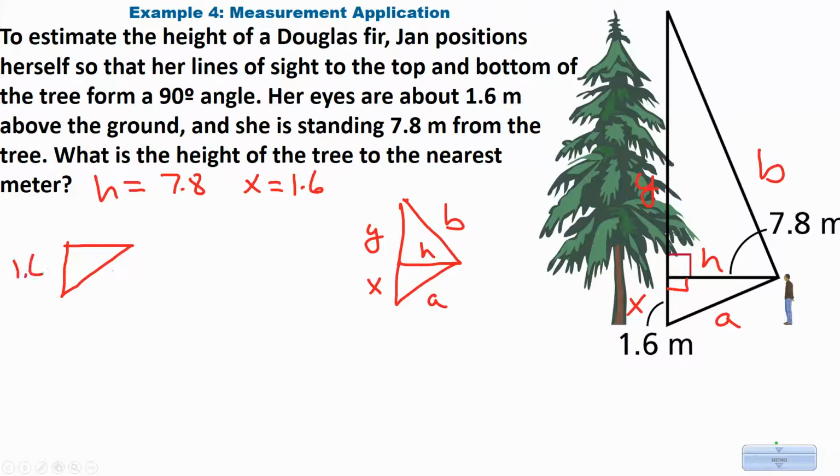So this is 1.6, this is 7.8, and this is going to be c because it's going to be opposite the hypotenuse. So we know that c squared is equal to a squared plus b squared. When we plug those in, we don't know what c is, so c squared is equal to 1.6 squared plus 7.8 squared. You guys see what I'm doing here? I'm using the Pythagorean theorem to get this line. Because once we get that line, that'll be able to help us to be able to figure everything else out.